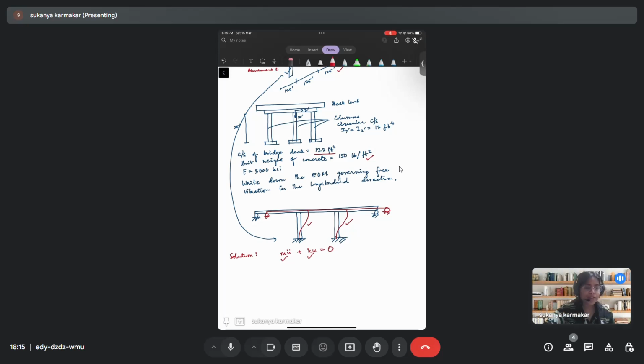So what will be the stiffness of one column? It's a fixed kind of column, fixed at both the ends. So stiffness of one such column will be 12 EI by L cube.